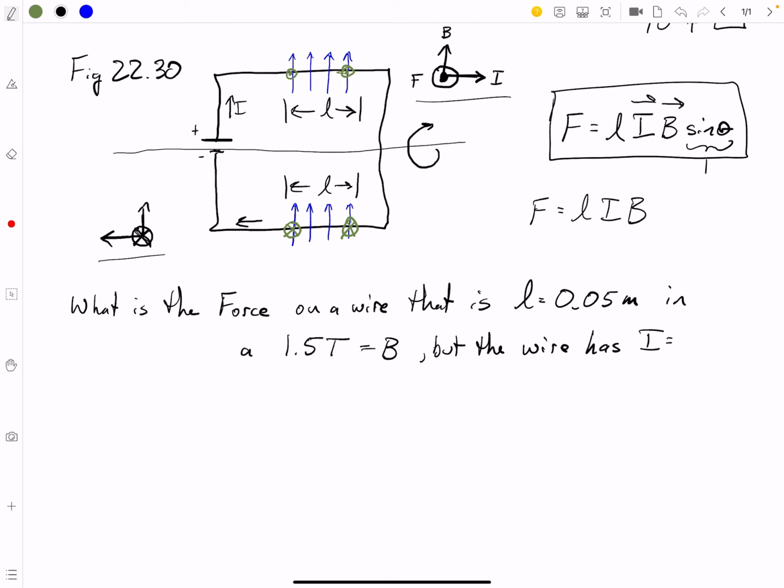I equal to 20 amps. So it's a big B field, huge, very big, got a lot of current, and a short length.